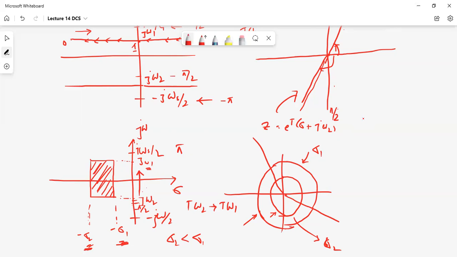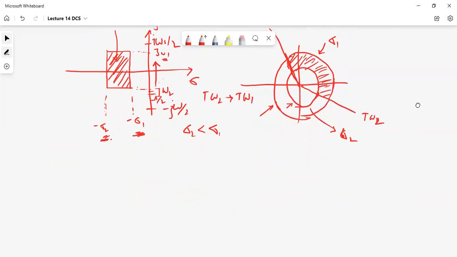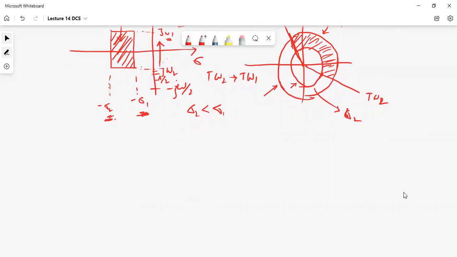So this particular zone, within the two frequency lines as well as within the circles specified by the two sigmas, corresponds to the zone in the s plane. This is T omega 2, this is T omega 1, this is sigma 2, and this is sigma 1.